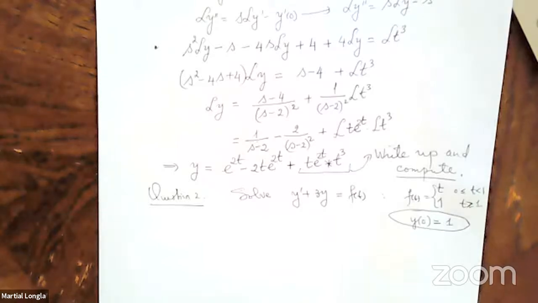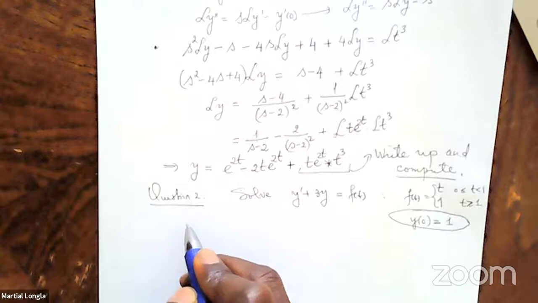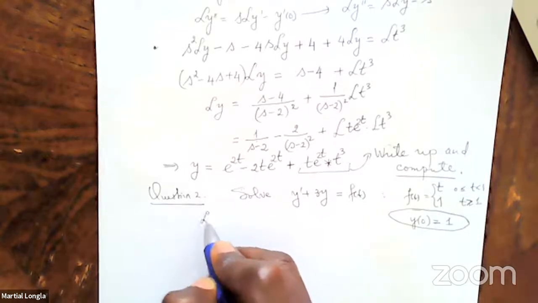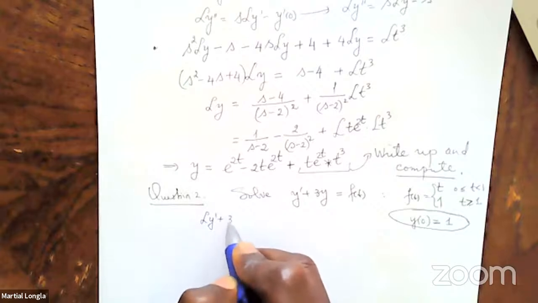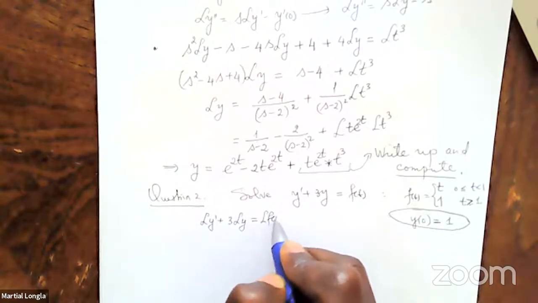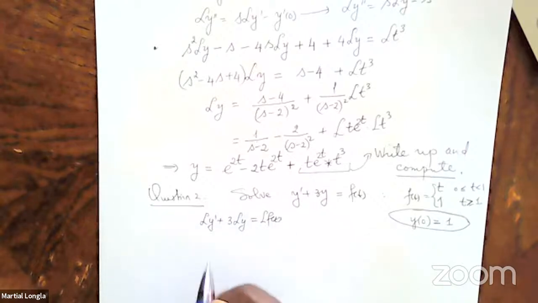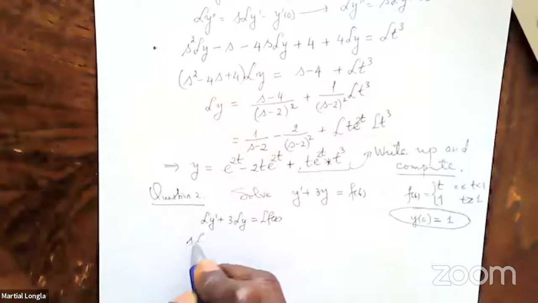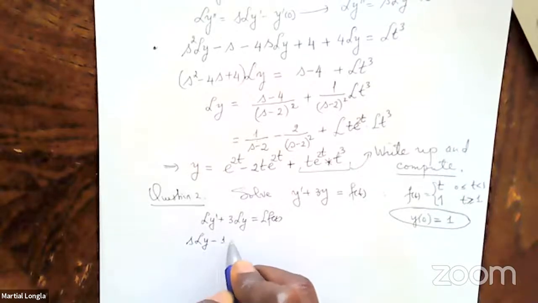First, I took the Laplace of everything. So the Laplace of y prime plus 3 times the Laplace of y equals the Laplace of f of t. And then I solved for the Laplace of y prime to be s times the Laplace of y minus 1 plus the rest of the problem.